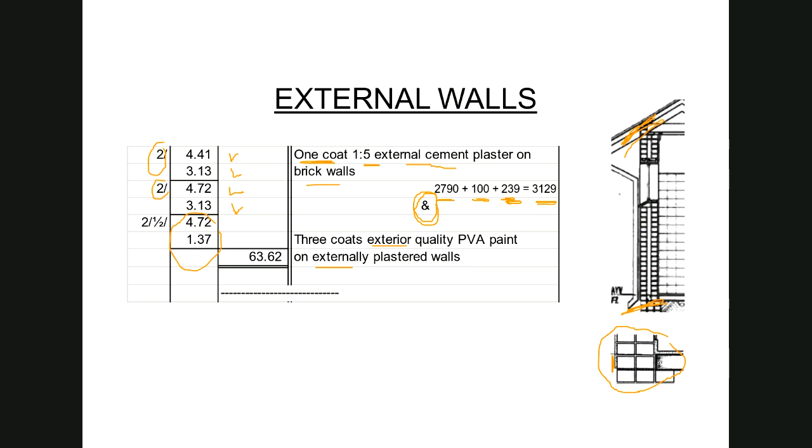Okay, and then just a final reminder on the paint, that when we say 3 coats of paint, that would be the primer, the base coat, and the finishing coat. Remember, when I was doing the theory, I said 1 specification, 1 measure. So you don't now go and take the full area of the 63.62 times 3 for the paint. It remains 1 specification, 1 measure. Okay, so that finishes up with the external walls.